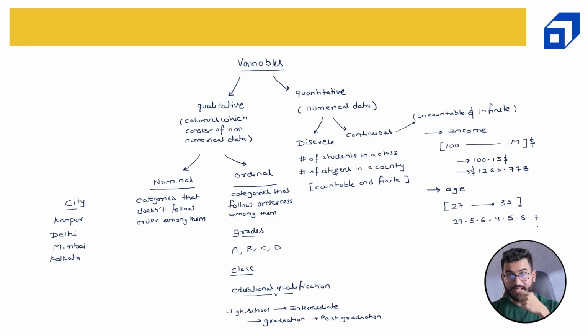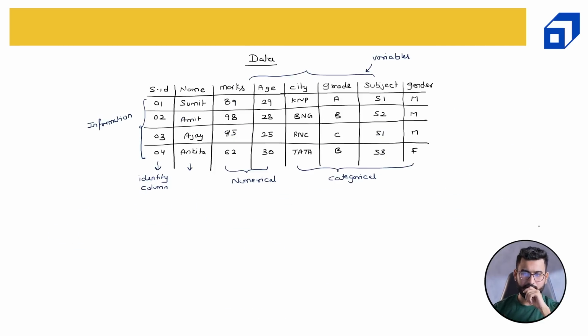So at every nanosecond, I can have a particular observation that can lie in this scale. And that is the reason age is also a continuous quantitative variable. If I go back to my example, we can see that both marks and age, they are your continuous quantitative.